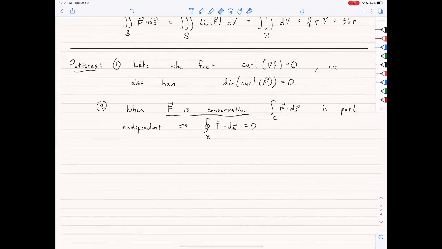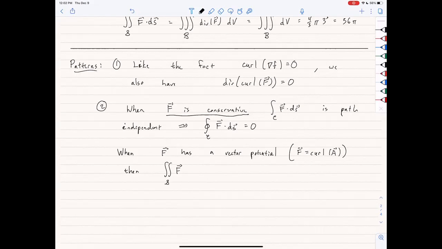So when F has a vector potential, that means that F is equal to the curl of some other vector field, capital A. Well, then what we saw last time was that the surface vector integral of F is surface independent. In other words, it only depends on the curve boundary.